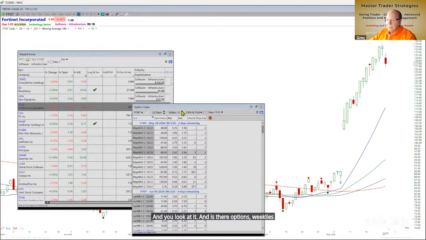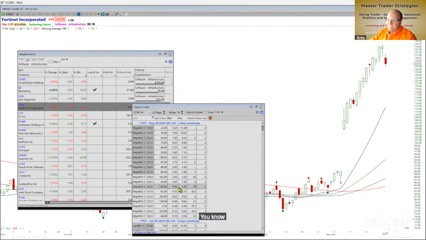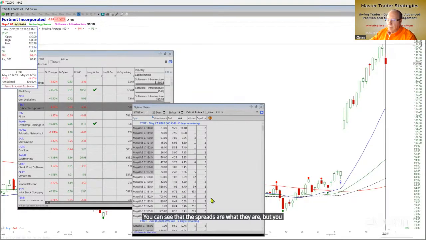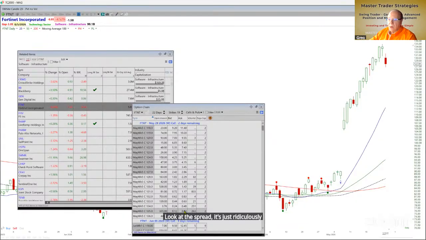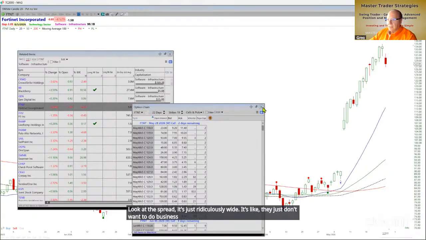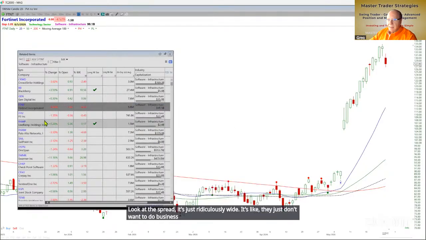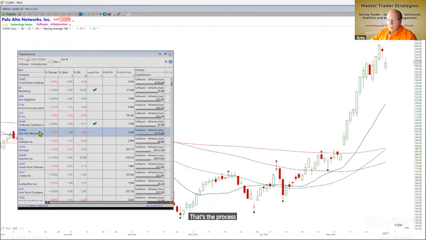And there is, and you put more strikes, and you see that the spreads are what they are, but you just look up above $135, and look at the spread, it's just ridiculously wide. It's like they just don't want to do business. So that's the process we go through.